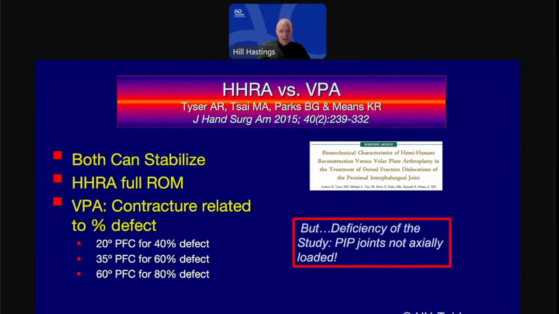What they found is that the osteochondral graft can stabilize it through a full range of motion, but the volar plate arthroplasty required accepting or creating a flexion contracture so that it remains stable. And probably it's not quite as ideal as shown here, because the study didn't axially load these joints.